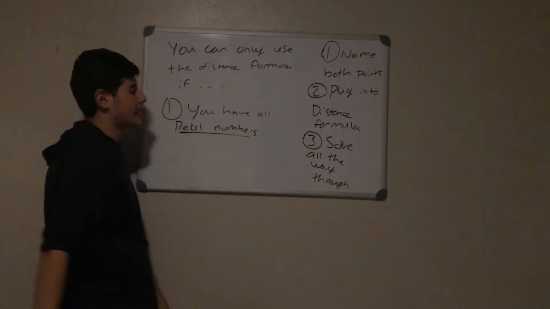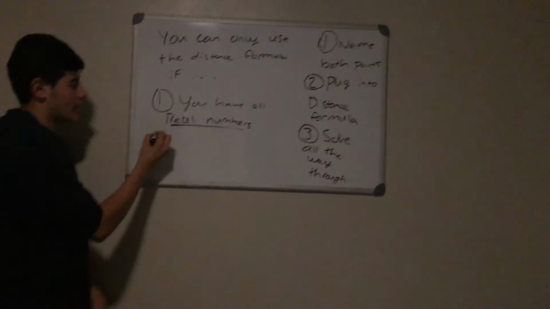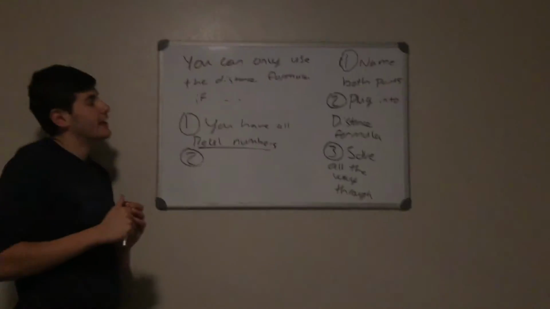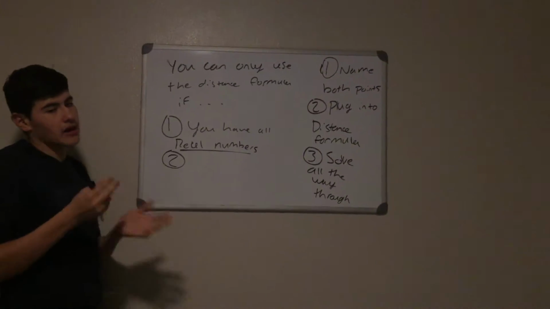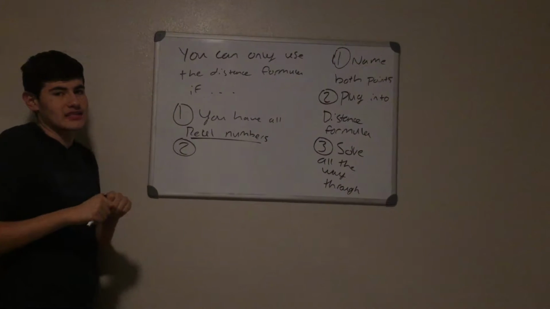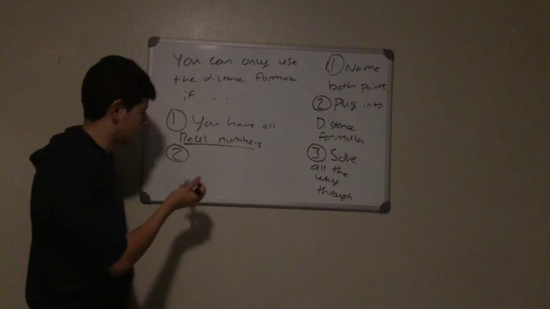You probably won't encounter any problems in Algebra 1, but by all real numbers, basically I'm just trying to say that all the numbers you're using are positive or negative numbers, no infinities or letters, any fancy schmancy stuff like that, just straight up numbers.